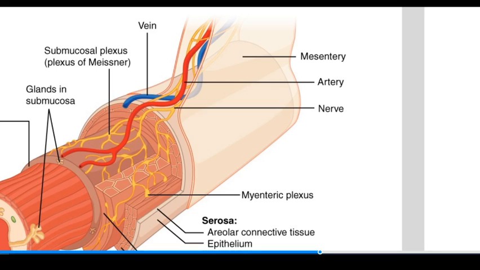And then things not in that cavity, namely the esophagus and everything above, don't have a serosa. The esophagus has loose connective tissue surrounding it, which would be called an adventitia, just a general name for connective tissue surrounding the outside of an organ. The pharynx and the oral cavity, again, are hard to define at this point, just like with the mucosa, because the arrangement of tissues is so different at that point in the head and neck.